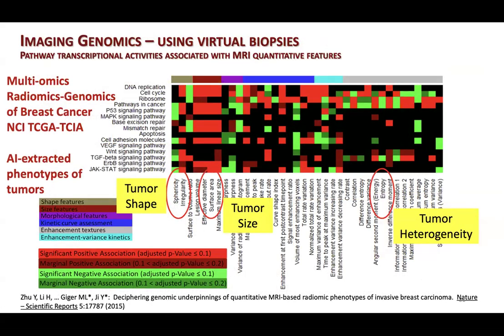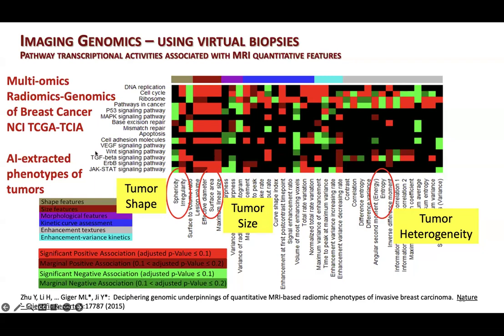And we've worked as a big multidisciplinary team from across the US with University of Chicago playing a major role. We looked at multiple ways to relate the features that we pulled from the dynamic contrast enhanced breast images to different other markers. Here, this is showing a comparison of what we've pulled from the image, features related to tumor shape, tumor size, tumor heterogeneity, and related to various cancer pathways.